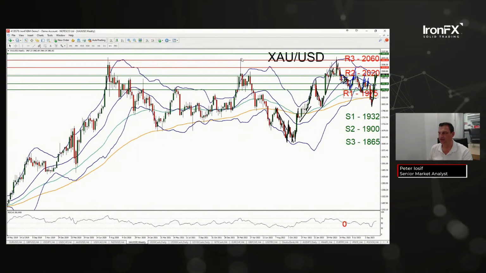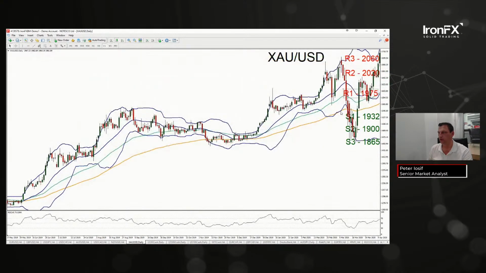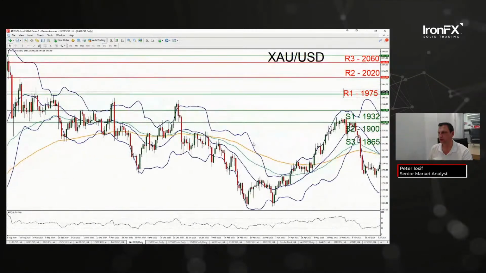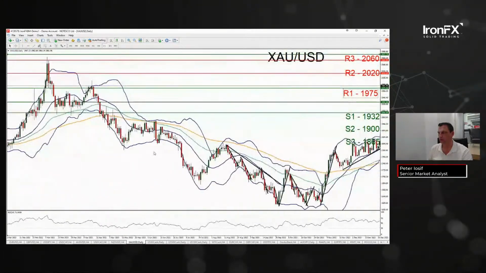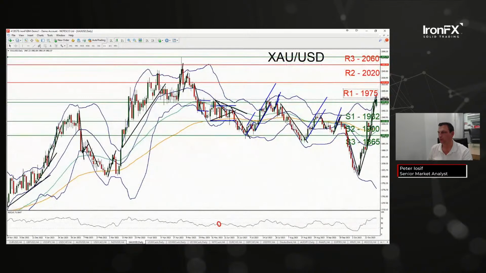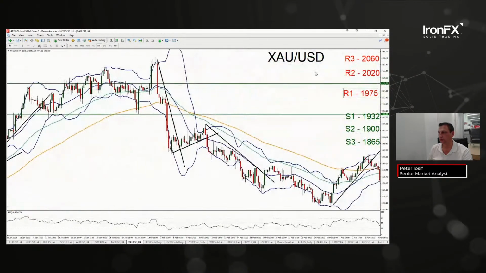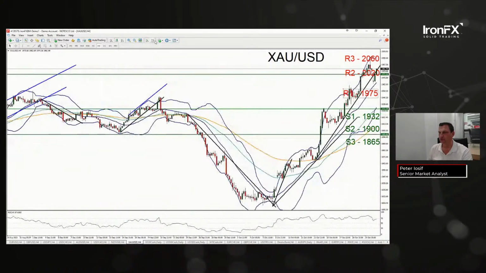There have been peaks here and here and here. Yet that would be too narrow. Back to the daily chart. No. 4-hour chart. Readjusting it.